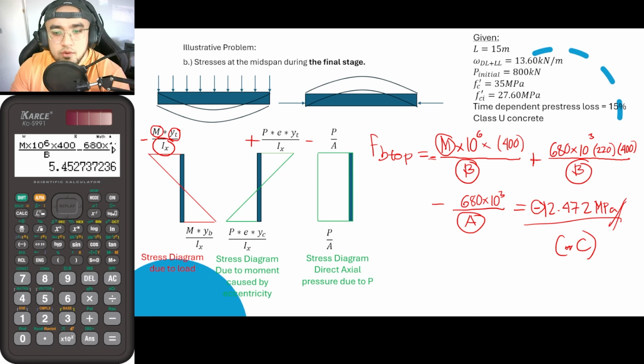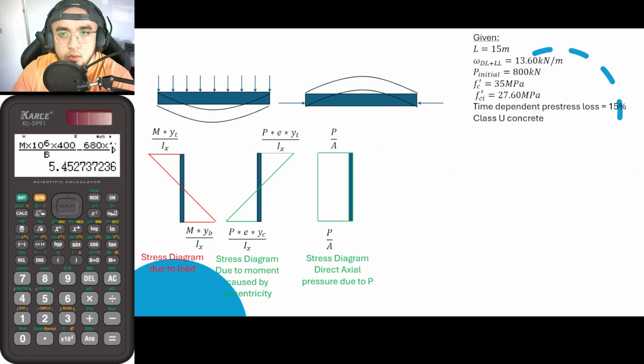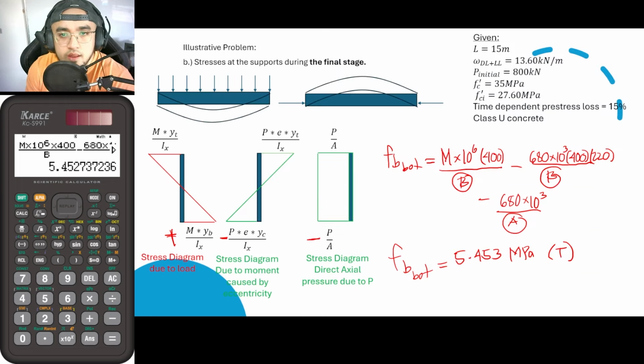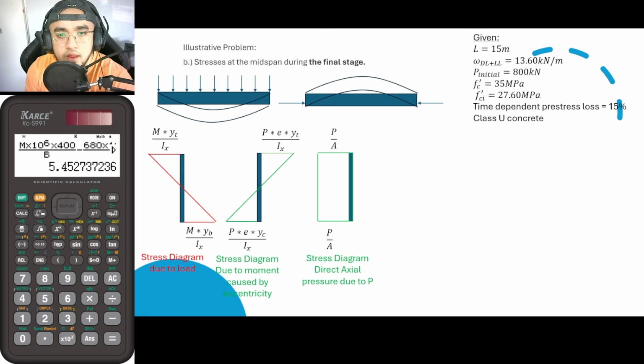Okay. So next, the next thing that we will now do is check for the allowable stresses. Again, we will be solving for the allowable stress for initial and also for final. For the initial part, if you can remember, we have solved for the adequacy.